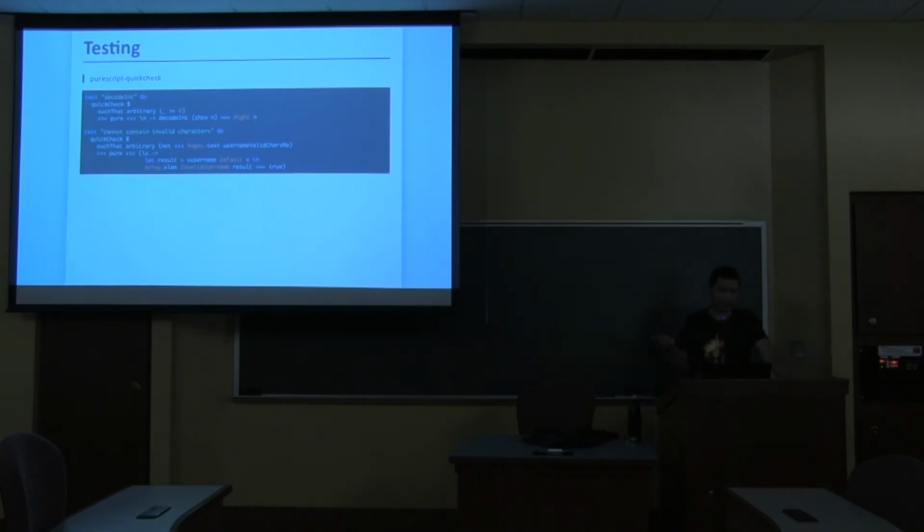The first one is just saying, give me some integers that are greater than or equal to 0, and assume that the decode int function can decode that. With show, we cast it to a string, and we're saying the decode should give you back what the original thing was.